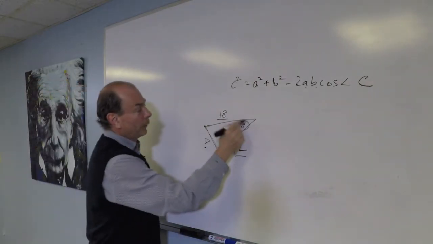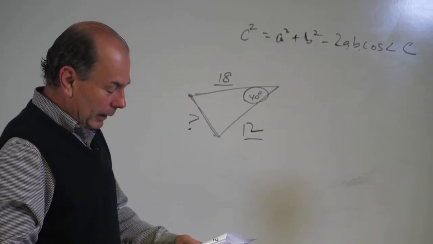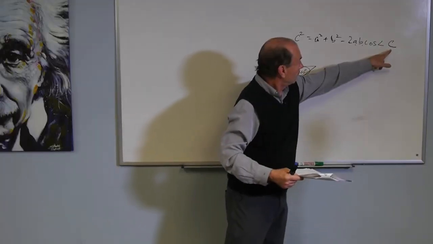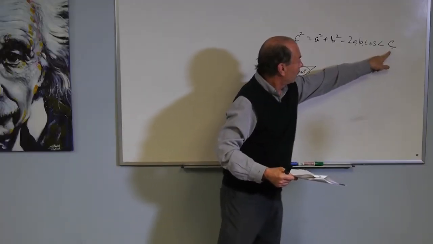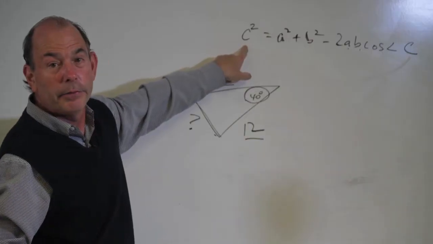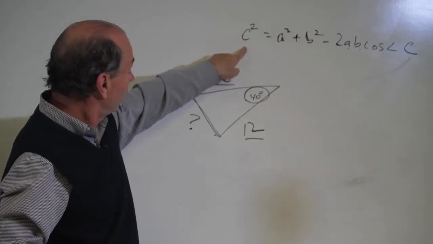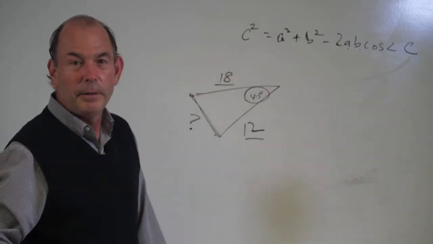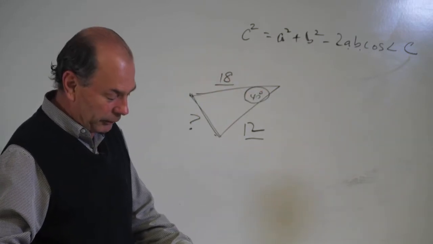We know that angle, okay? Angle C is, according to the definition, the angle across from the length c that you're looking for, which is what we're looking for. This is obviously the formula that we need to know.